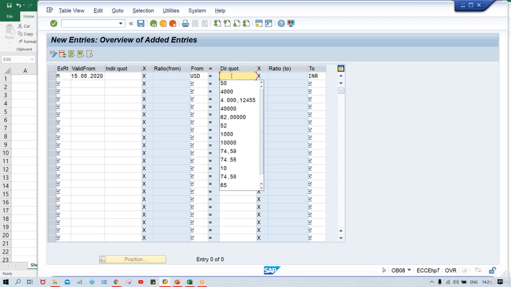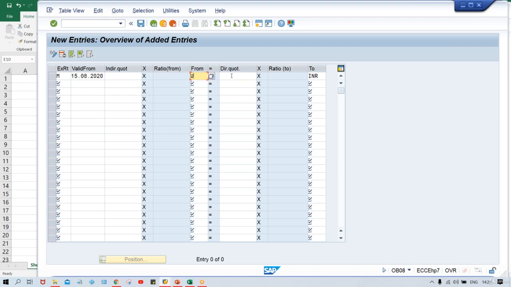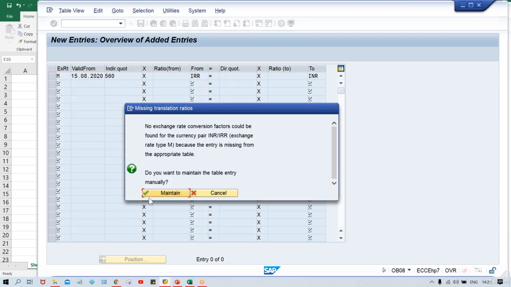But at the same time, if the foreign currency is Iranian currency IRR, in that case I'm saying that 560 Iranian currency equals 1 INR. You press enter. No exchange rate conversion factor could be found in currency pair in exchange rate type because the entry is missing from appropriate table.